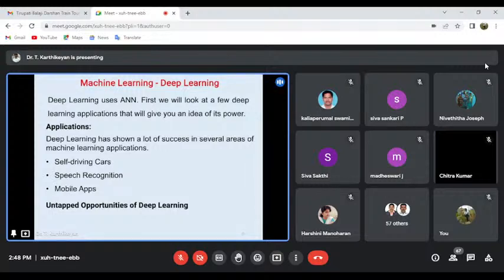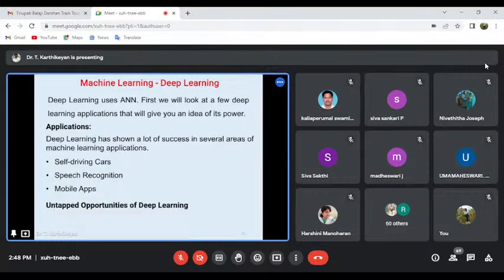The second most important application is speech recognition. In speech recognition, all of us use several mobile apps today that are capable of recognizing our speech. We are already experiencing this.